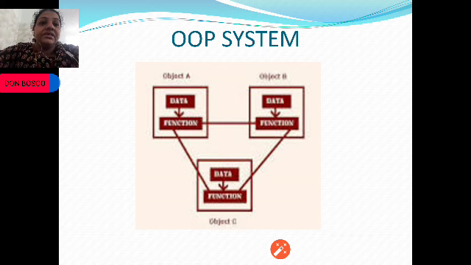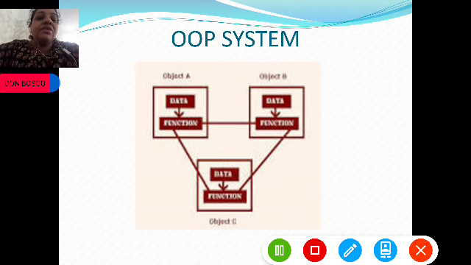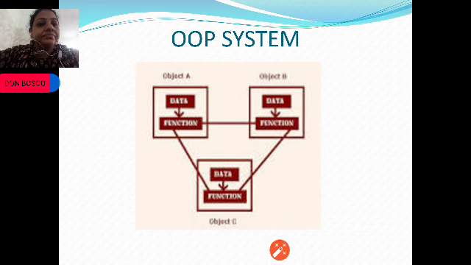Object A's data can be accessed only by the functions which operate on that data. Object B's data can be accessed only by the functions which exist within object B. Similarly, object C's data can be accessed only by the functions which are available in object C.